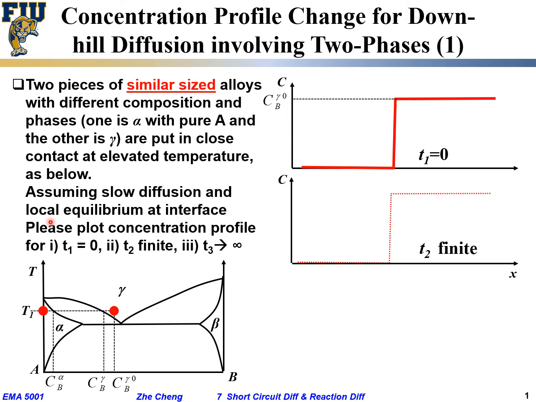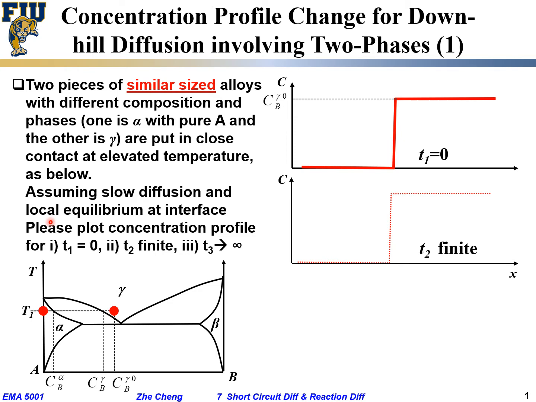What does that mean? It means right at the interface when two phases coexist, the composition for each of those phases would be determined by your phase diagram, by the intercept of the isothermal temperature line with your phase boundary.